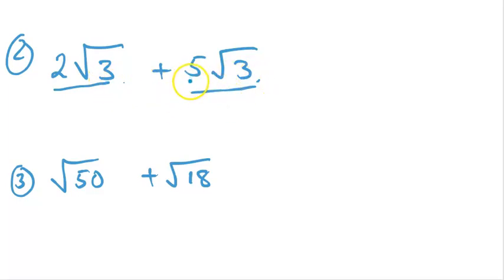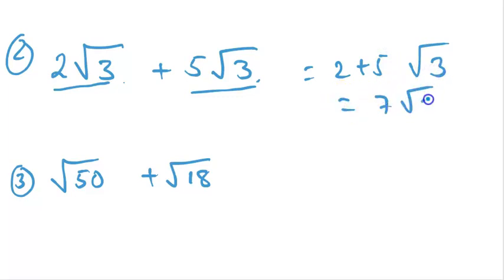The next step is to look at the coefficients. This has 5 root 3 and this has 2 root 3. So simply, you add 2 plus 5 and then multiply with root 3. So this gives me 7 root 3. Okay?